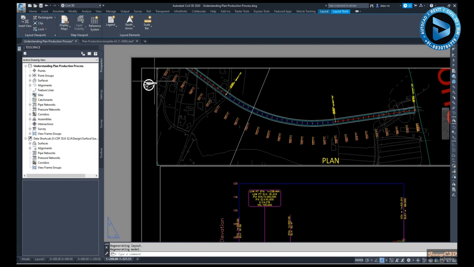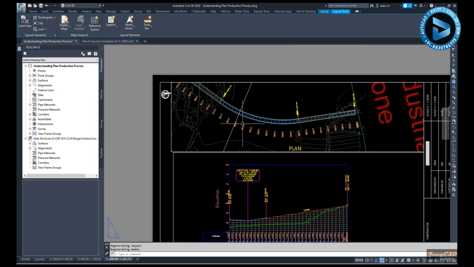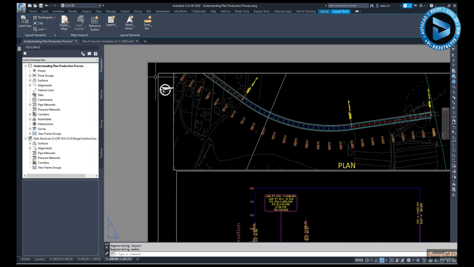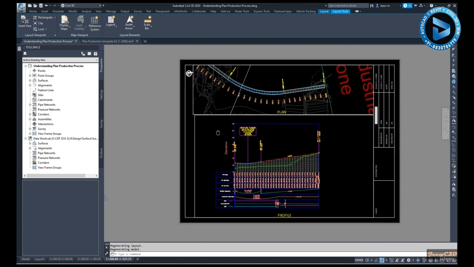That is why we need a north arrow here, because we need to understand the actual direction of the road or the alignment. Always we are rotating the view frame to the horizontal direction, so to get the real directions, we need this north arrow.